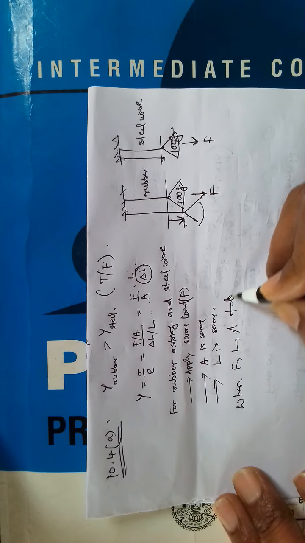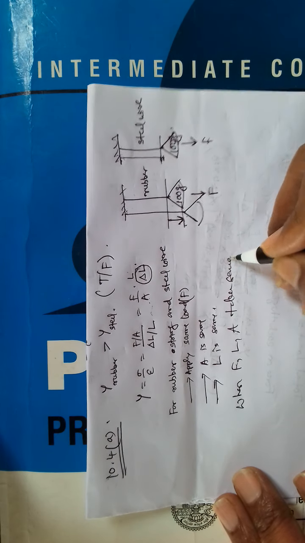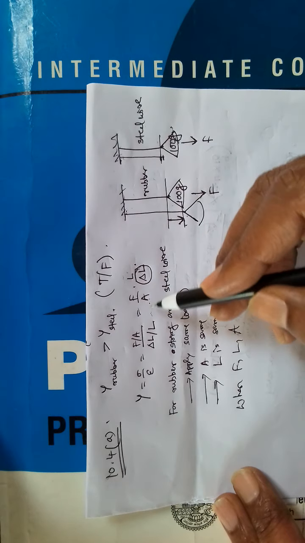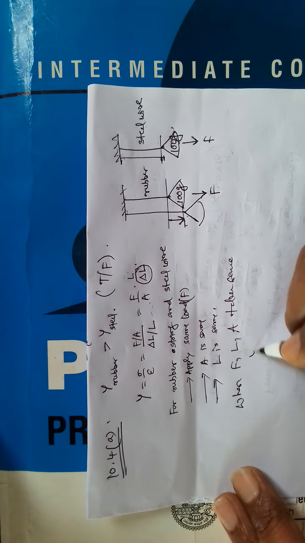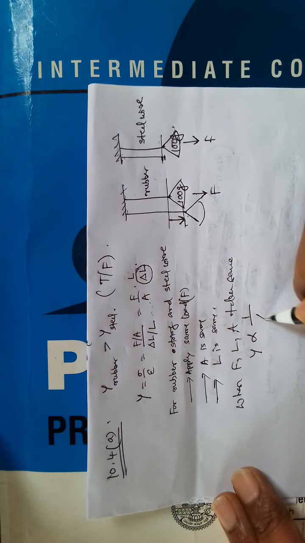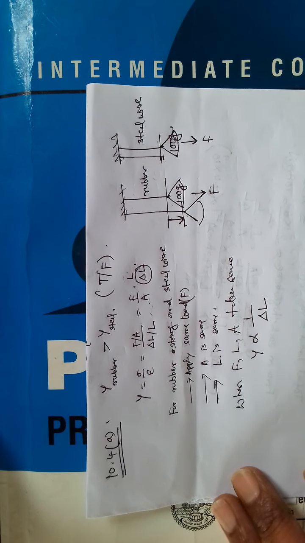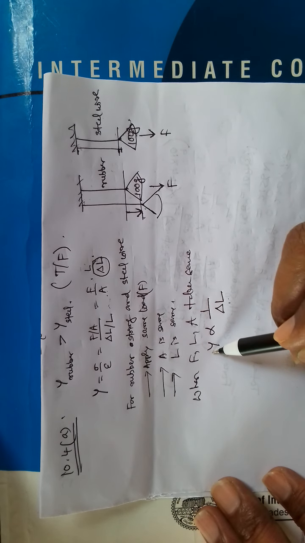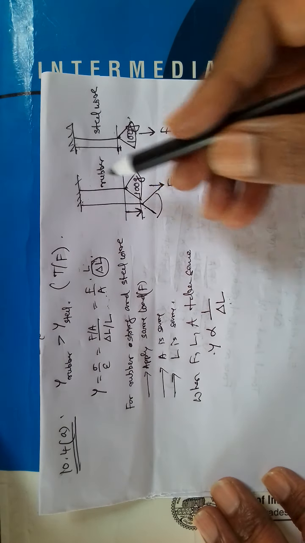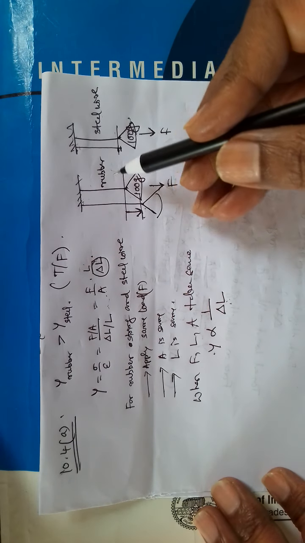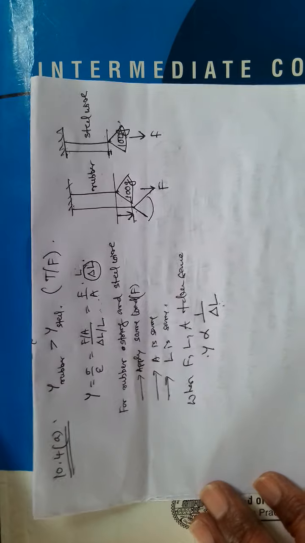When F, L, A are taken the same for both wires, these are treated as constant. Then Y is inversely proportional to elongation. So more the elongation, less will be the Young's modulus. Here in case of rubber, you observe more elongation. Therefore, its Young's modulus is less.